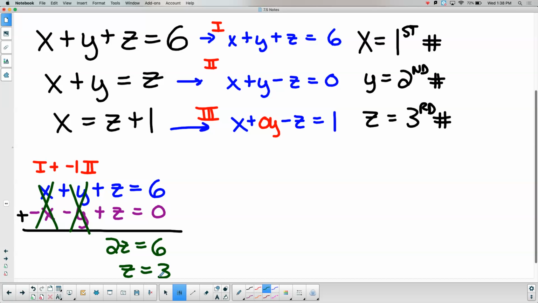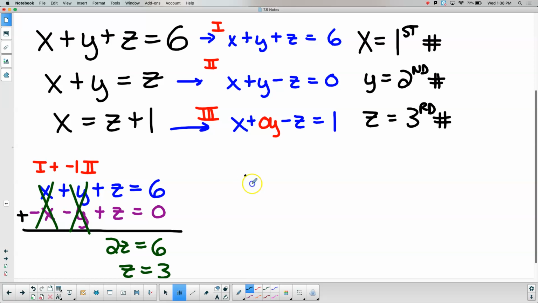Which equation do you want to go into now? Do we have to eliminate x again? No, because we got z already, right? And we have an equation right here with just x and z in it.